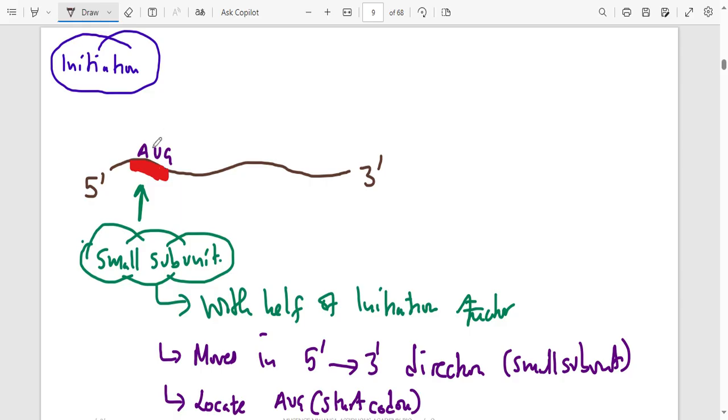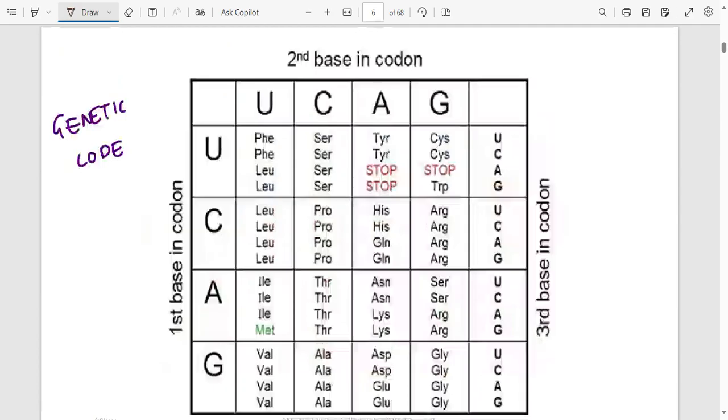Depending on what we call the genetic code, the genetic code has got three letters. This is the first letter, this is the second letter, this is the third letter. So you read these three letters. For the start codon, the first letter is A, the second letter is U, the third letter is G. Can you see where these three letters are meeting?